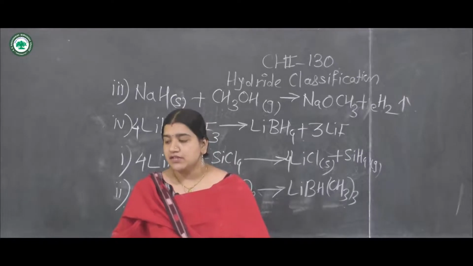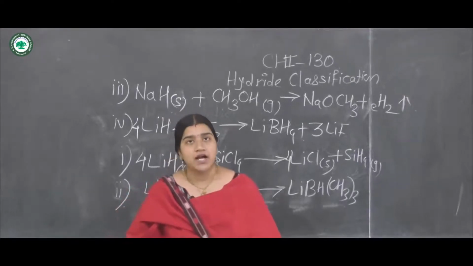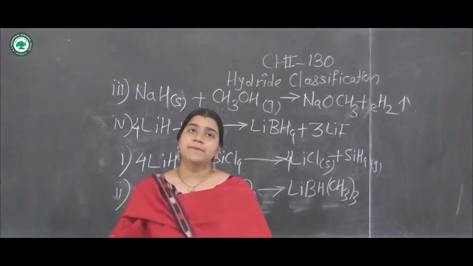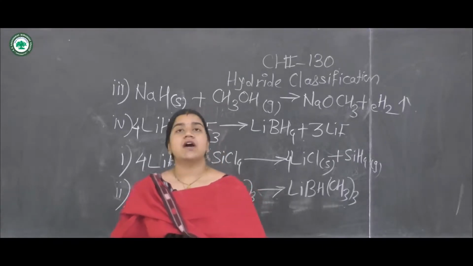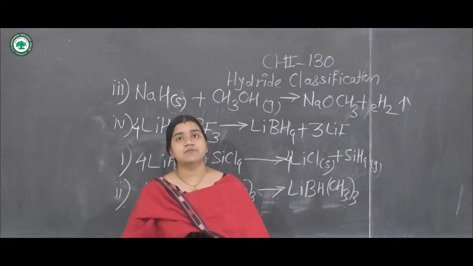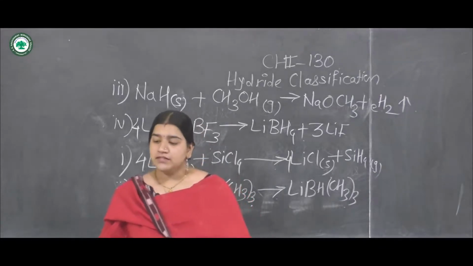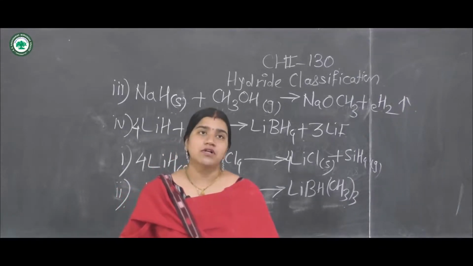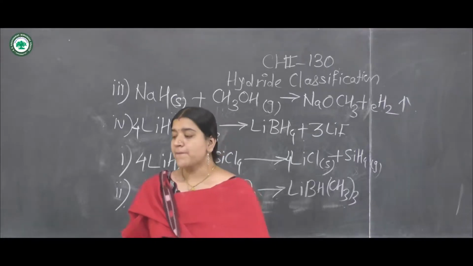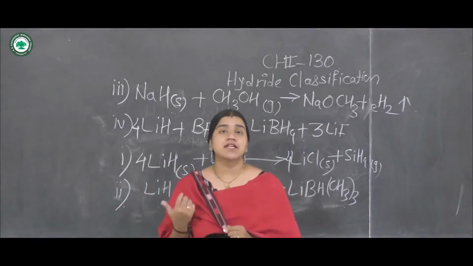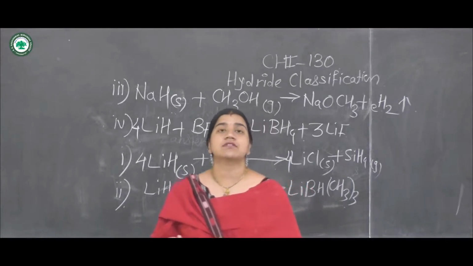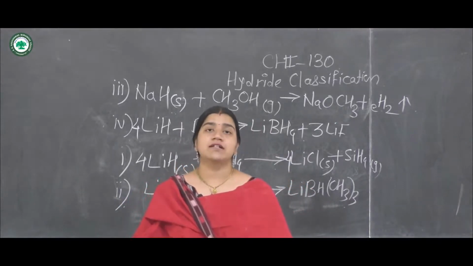Then we have seen the different properties of hydrogen and the preparation methods for hydrogen. After studying all these properties, the next thing we have covered is the classification of hydrides.